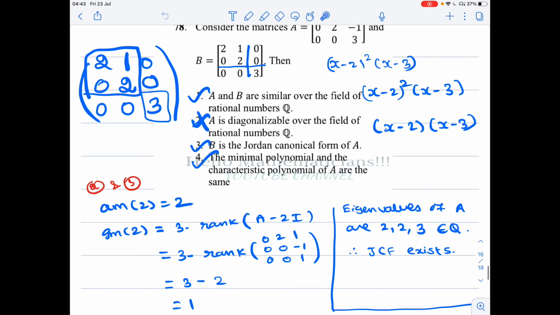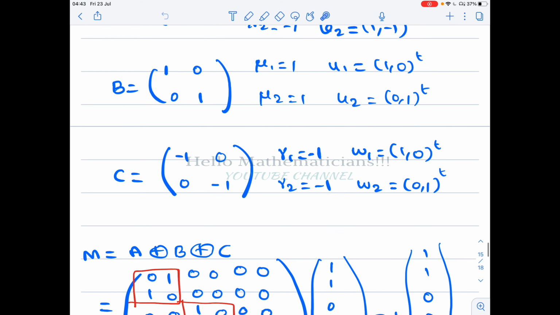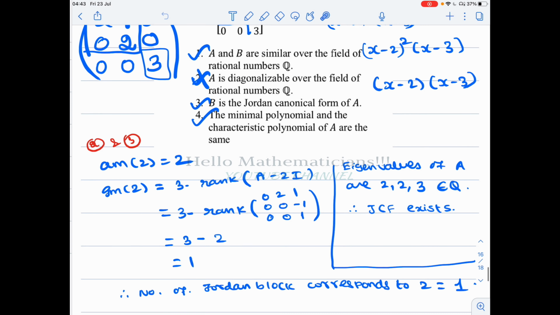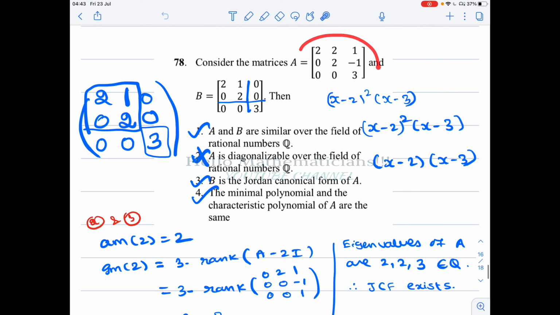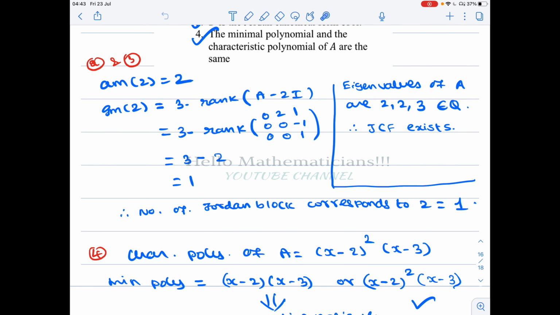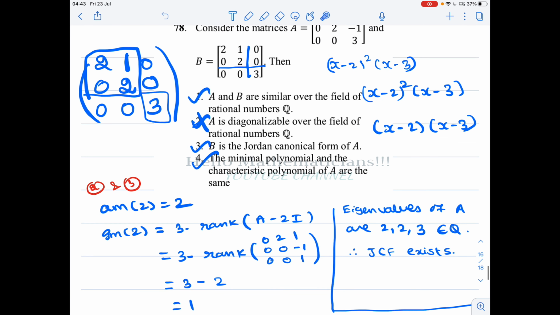So we just saw that geometric multiplicity is equal to the number of Jordan blocks of that eigenvalue. Therefore, we conclude that in the Jordan canonical form of this matrix, the number of Jordan blocks corresponding to the eigenvalue 2 is equal to 1. There will be only one block corresponding to the eigenvalue 2.